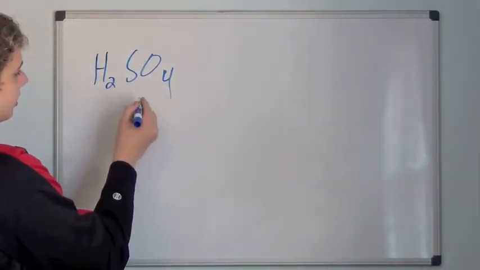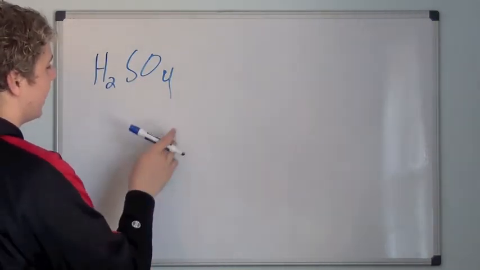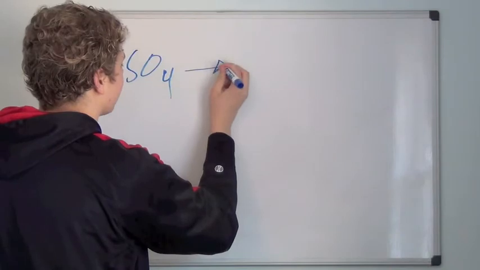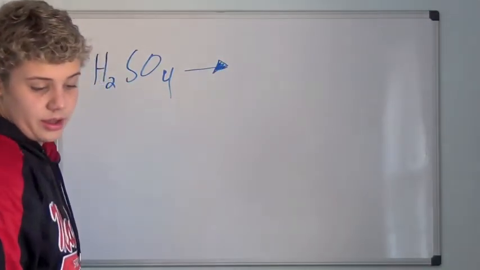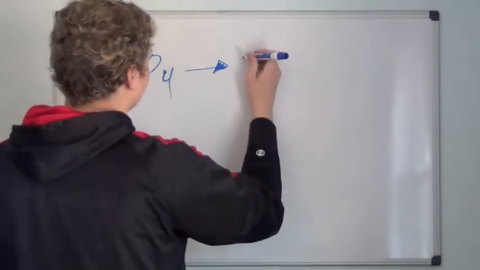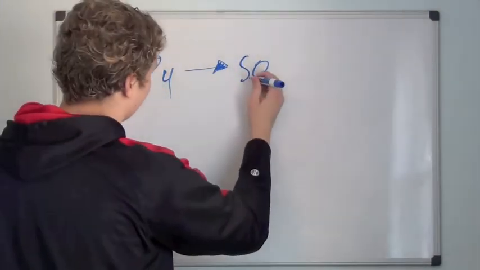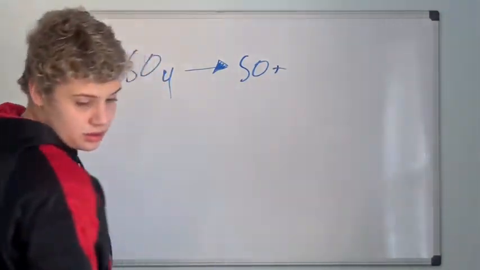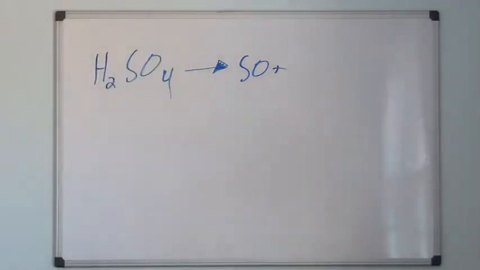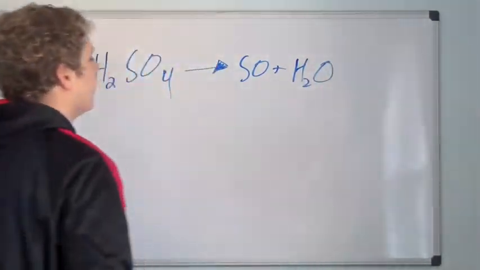So this is hydrogen sulfate, sulfuric acid, forms a non-metallic oxide, so it makes SO3 plus water, so plus H2O.